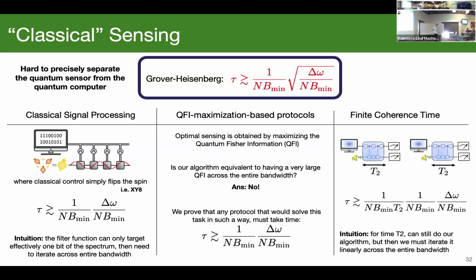I'll not go into details, but in general, in different settings, whether it is a particular CPMG kind of sensing, or whether you try to maximize the QFI over the entire broadband regime, you always find solutions that don't scale as well. There has to be this interplay between the quantum computer and the quantum sensor in a way that's distinct from the previous approach.